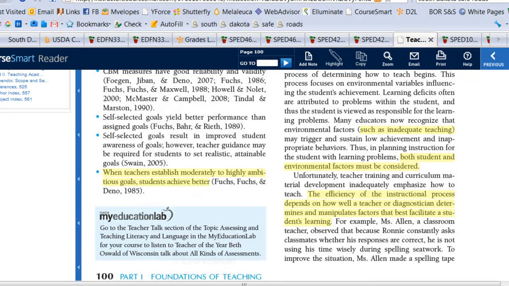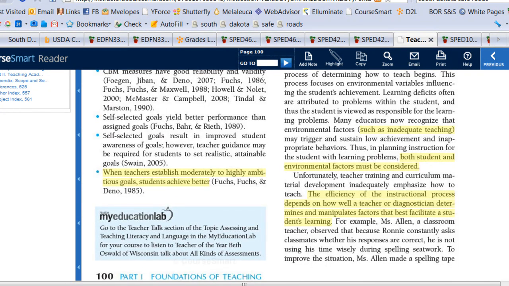The efficiency of the instructional process depends on how well a teacher, or diagnostician, you ever been called that before? Well, that's what I'm asking you to become in this process, a diagnostician, somebody that can diagnose, and determine the manipulable factors that best facilitate student learning. Because if you can diagnose, you can manipulate.